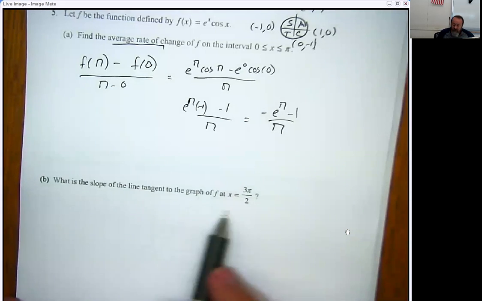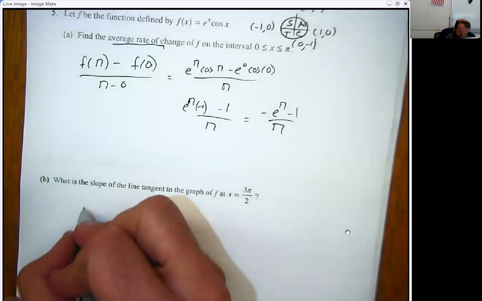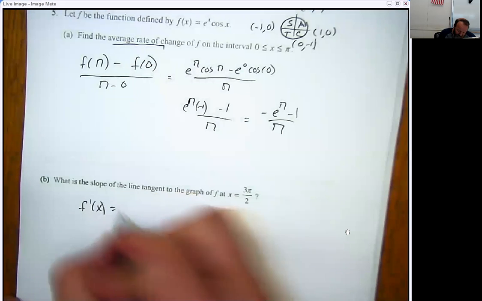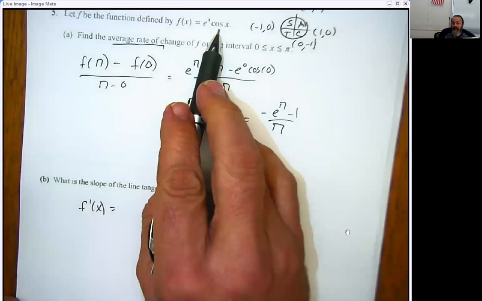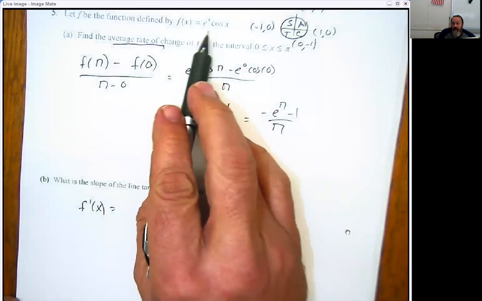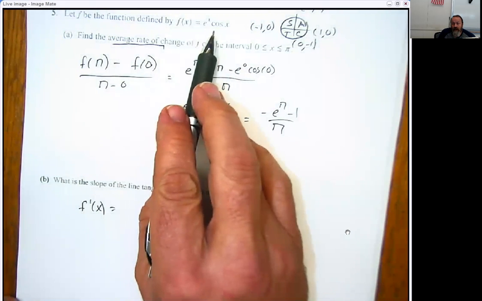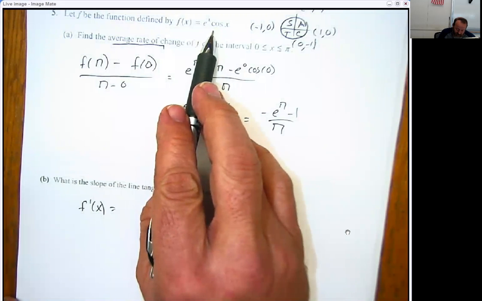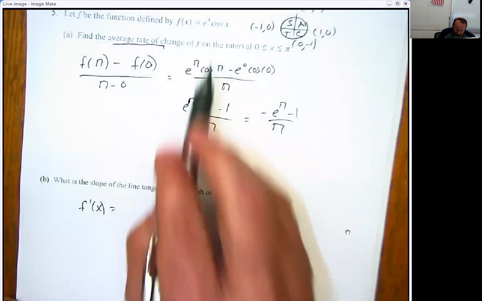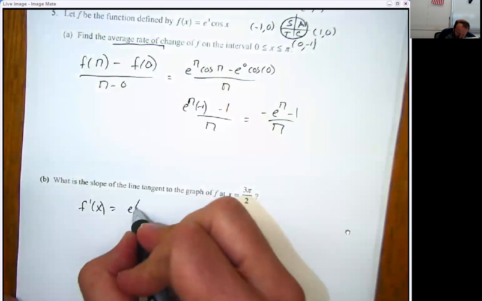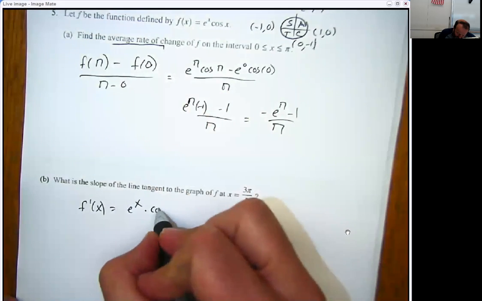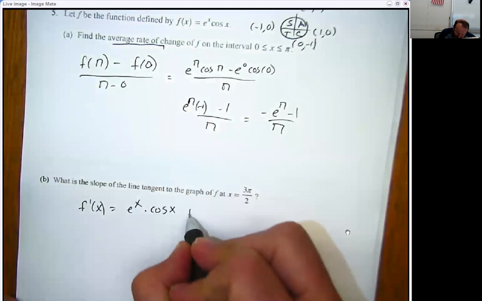Now, if I want to find the slope of the tangent at 3 pi over 2, the first thing I need to know is what the derivative is at 3 pi over 2. So let's go ahead and find f prime. We have e to the x cosine x, so we're just going to do a nice little product rule, but notice they made this one a lot nicer than that 2017 one, which was so tough. We take the derivative of the first times the second, so the derivative of e to the x is e to the x, so that's f prime g plus g prime.